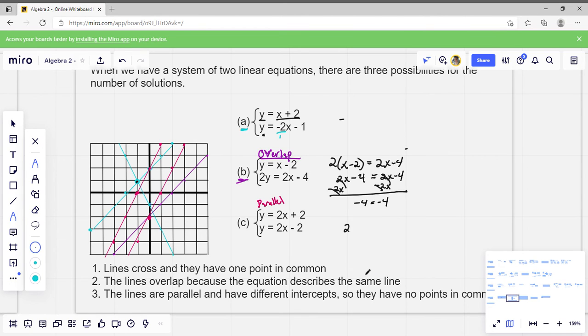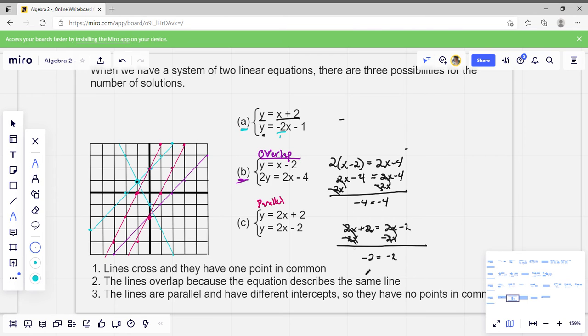We could say 2x plus 2 equals 2x minus 2. We're going to end up with a statement that doesn't make any sense, like positive 2 equals negative 2.